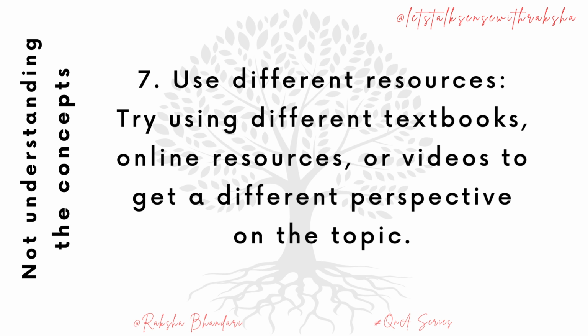Let's say if you like DT as a subject, study material is there of course, but you can use resources of different authors, of different publishers like Taxman, Taxsutra, and read what kind of logic or learning they are bringing out of a topic and what kind of perspective they have. That will bring a wider perspective of how things work on a larger scale. So use different resources, and of course read a lot, which I don't do. I will do moving forward, but I think you should implement this too.